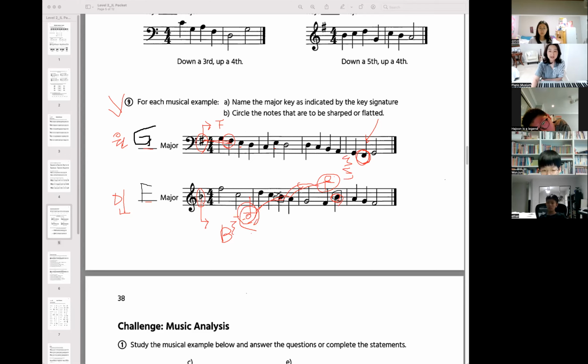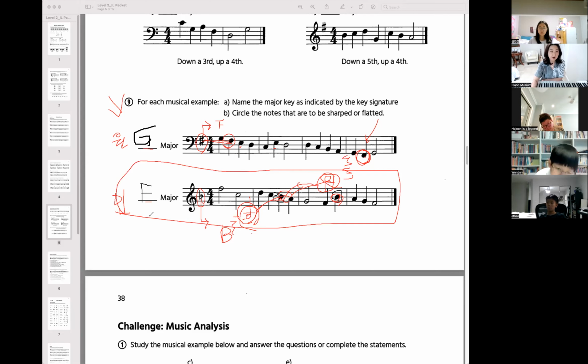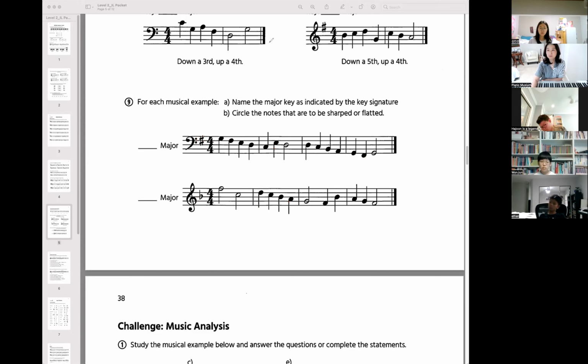However, these three are most often used B's. So remember this. You need to remember.